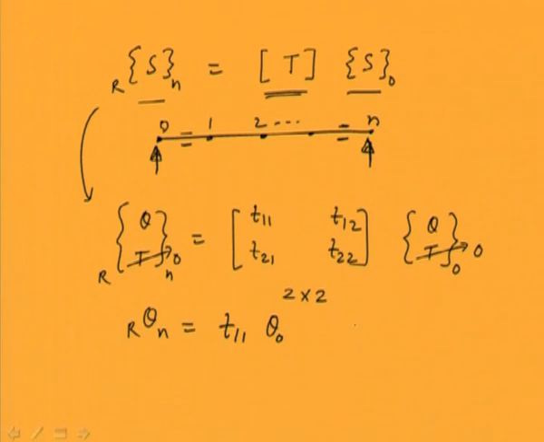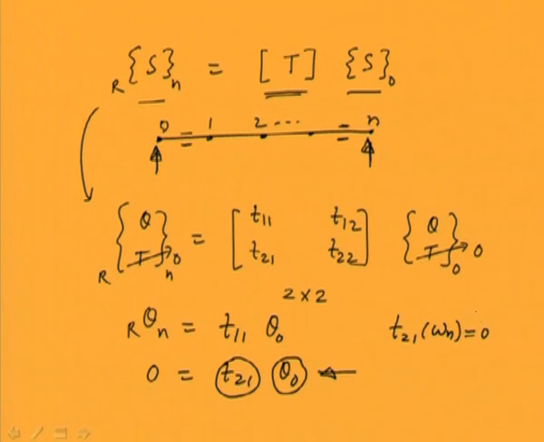Second equation will give, so you can see from the second equation, especially because theta naught cannot be 0 because there is a displacement of the disk which is there at the station 0. So it cannot be 0 because this is free end. So this quantity has to be 0. So that means T11, which is in fact a function of omega n, equals 0.